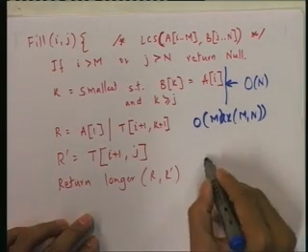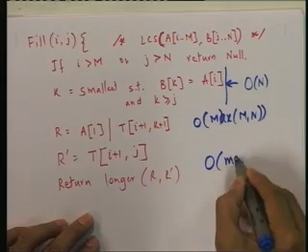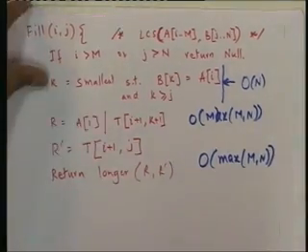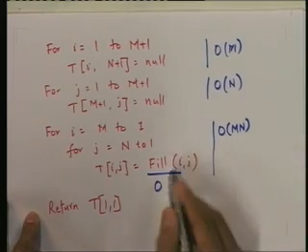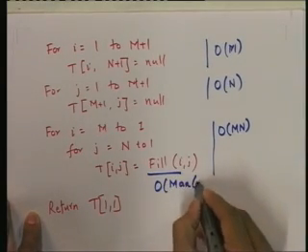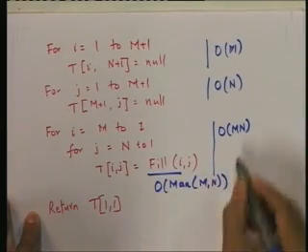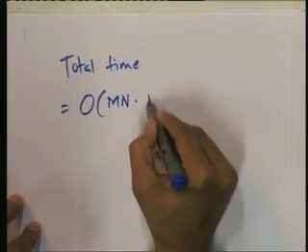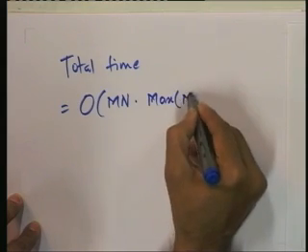So, overall the time taken for this is going to be O(max(m, n)). Coming back, this last part fill is going to take time O(max(m, n)), and so the total time is going to be the product of these two things, or in other words, total time is equal to O(mn times max(m, n)).